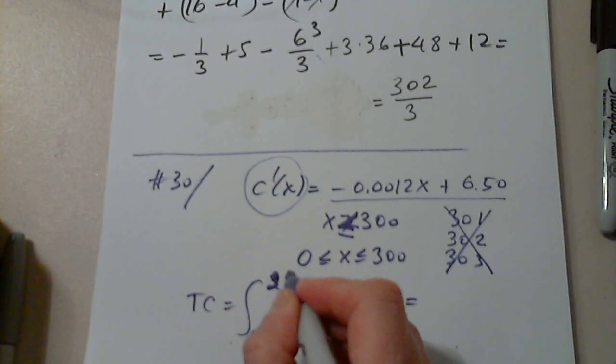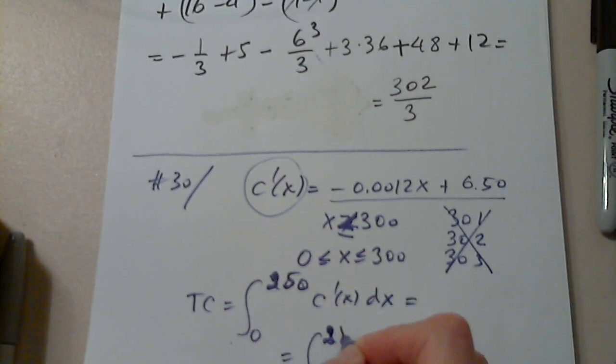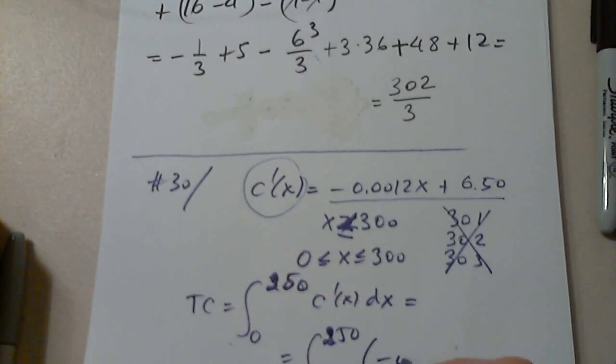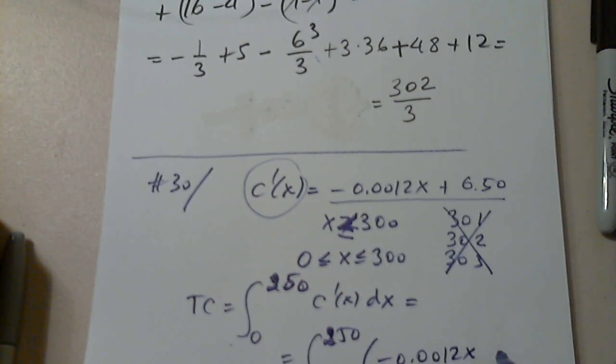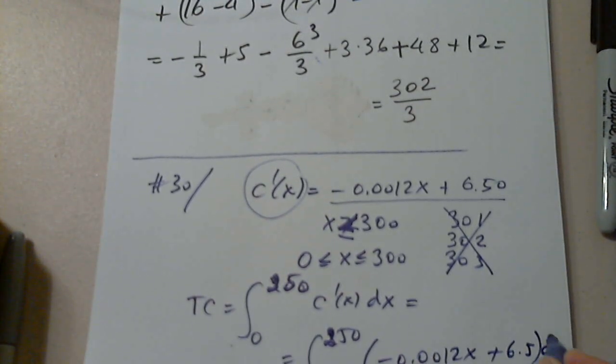Oh, okay. So 250 then. Okay, hold on, just a second. I'm going to write that. Yes. So they can ask you anything between 0 and 300, but they cannot ask you to find the total cost for 400. That's all it means.